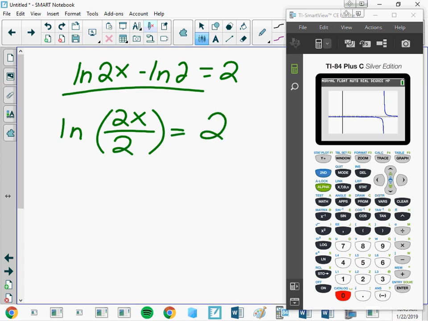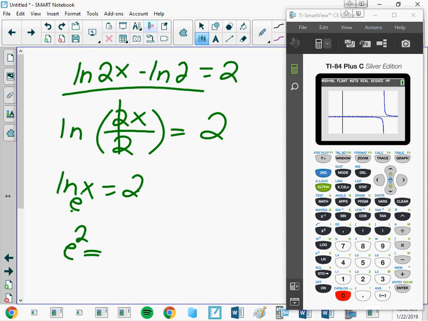I'm going to go ahead and simplify that and say the ln of x equals 2. What do I do here? Change it to exponents. What is the base of the ln? E. So e squared equals x.